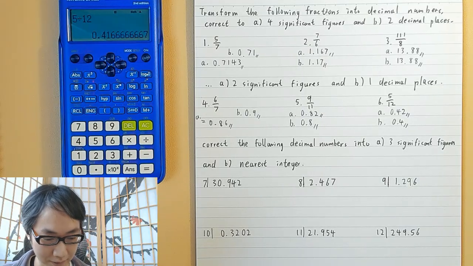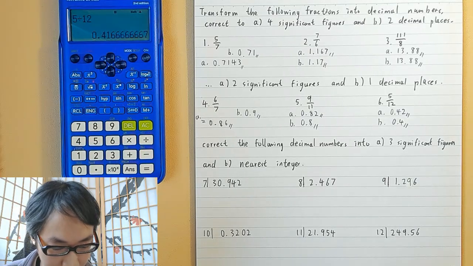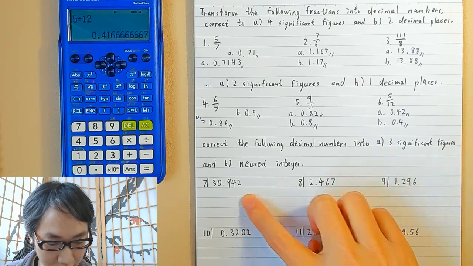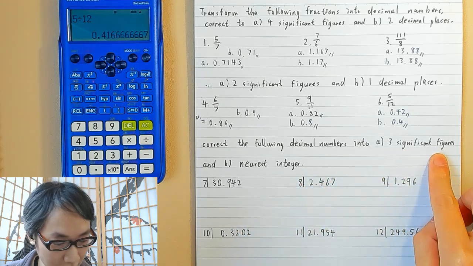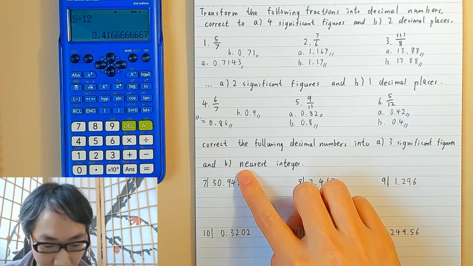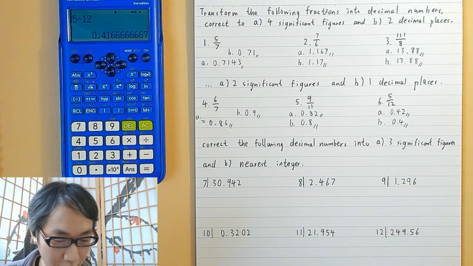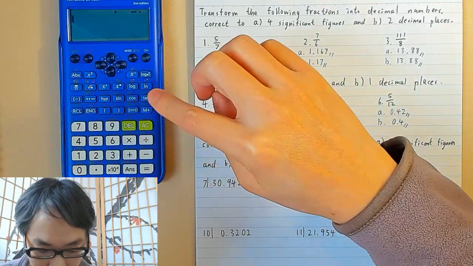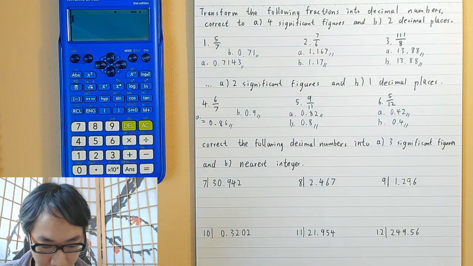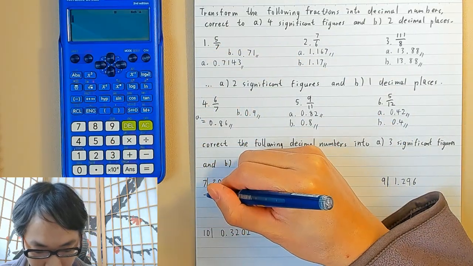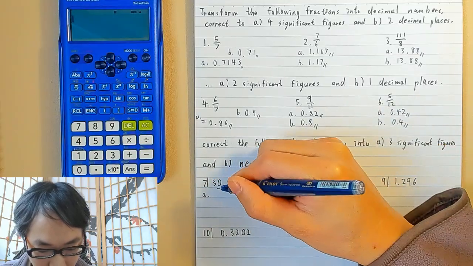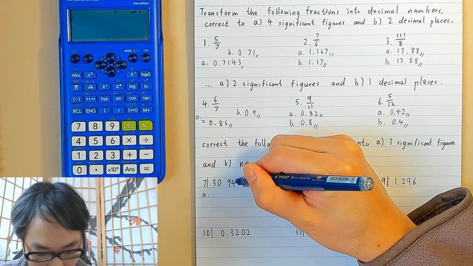Okay. And number 7. Correct the following decimal numbers. They are all decimals, and then 3 significant figures and nearest integer. For 3 significant figures, this is 30.9.